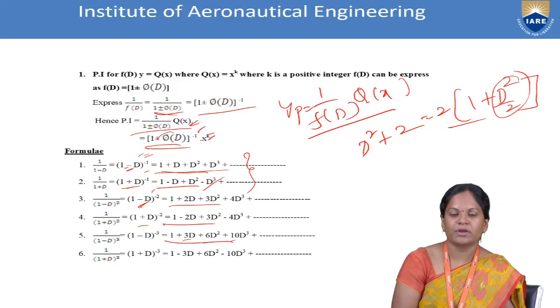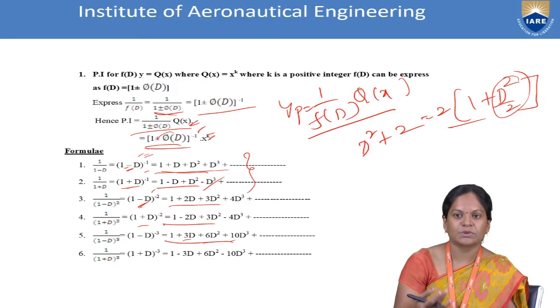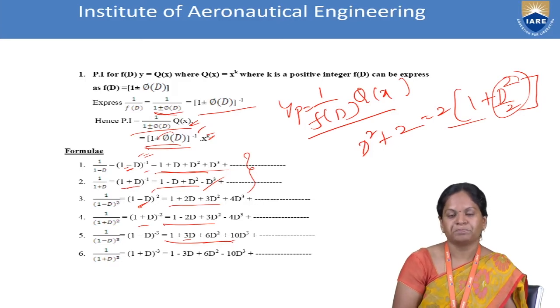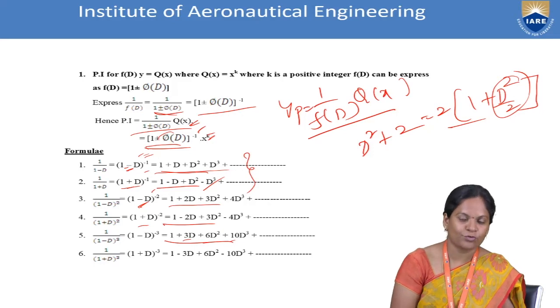If it is minus 2, we have 1 + 2D + 3D² + 4D³, like that. If it is minus 3, we have 1, 3, 6, 10. These are the coefficients. By using binomial expansion, we get all these formulas.